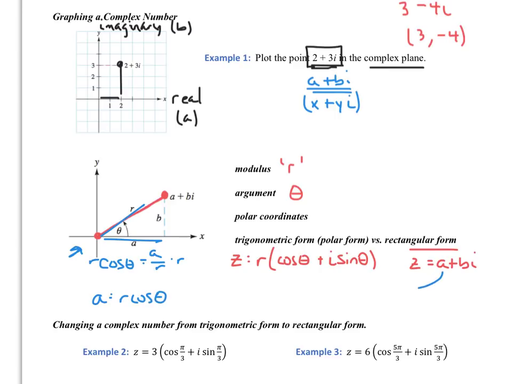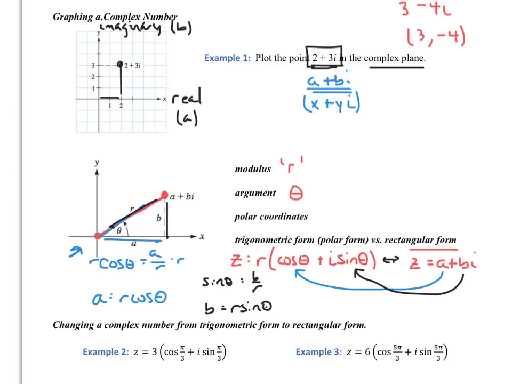At the same time, sine of theta would equal the opposite b over r, and if I multiply out the r, b is equal to r sine theta. So just so you understand where all that is coming from. And so our objective for today is going to be to convert from one to the other.